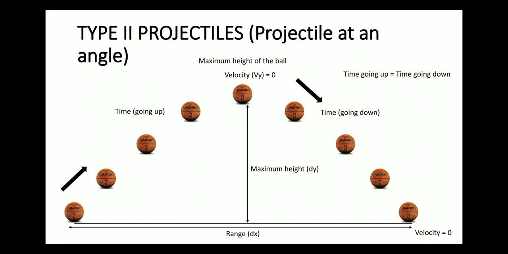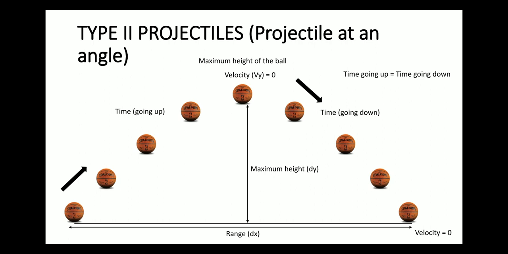So, if the time going up is 2 seconds, time going down is also 2 seconds. The total time that the ball is in the air is simply time going up plus time going down, or just simply multiply by 2.